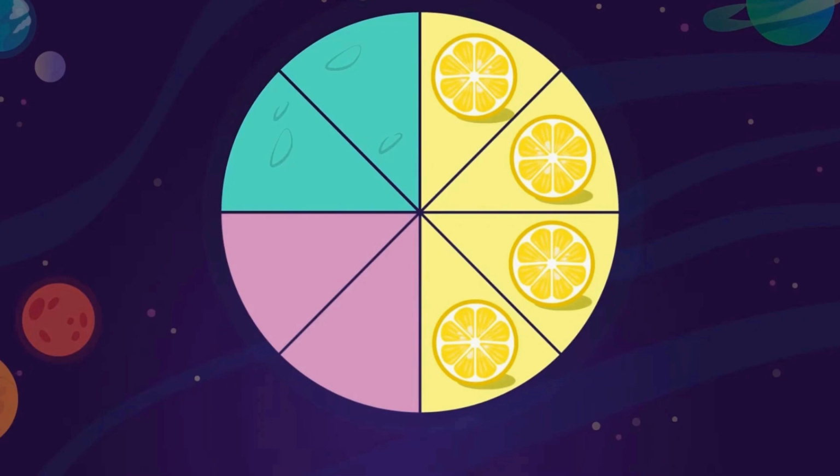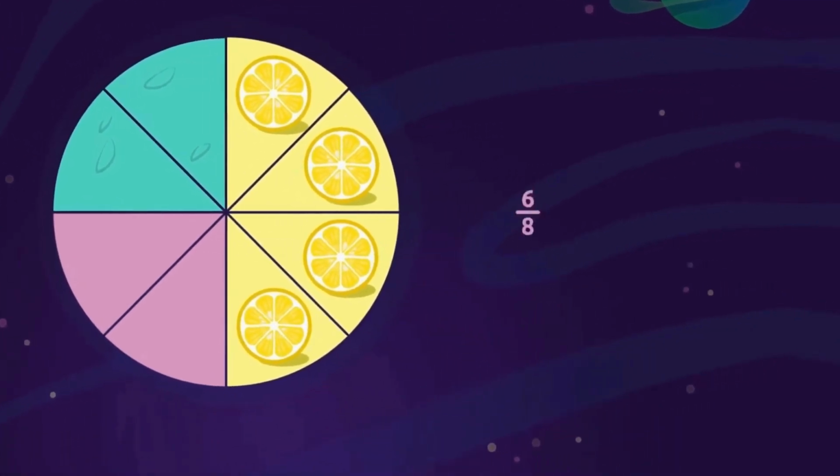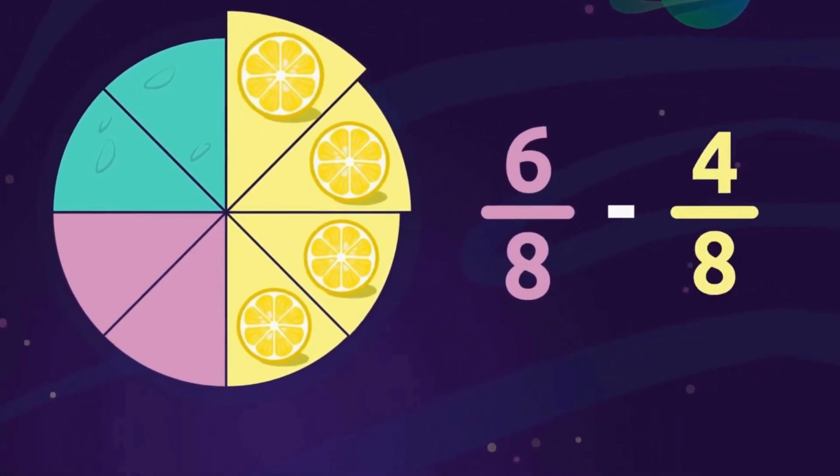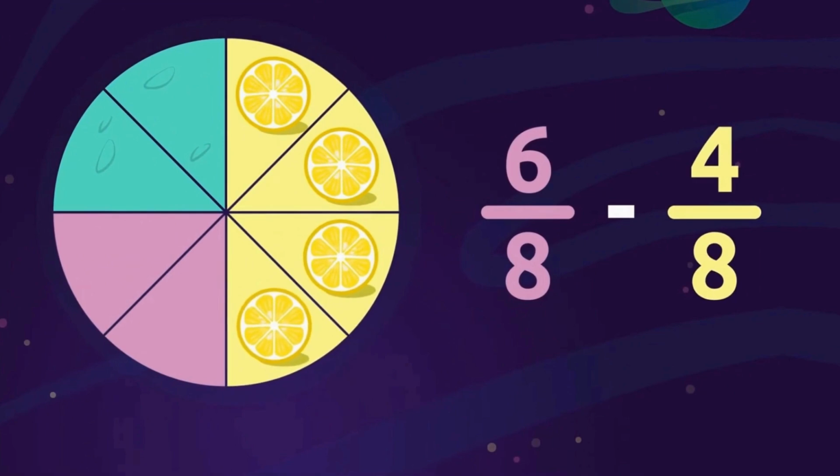To find out, we'll have to subtract fractions. We need to subtract the total number of fields planted with fruit trees from the number of fields planted with lemon trees to find out how many apple tree fields there are, meaning 6/8 minus 4/8. Do you remember how to do this math operation?